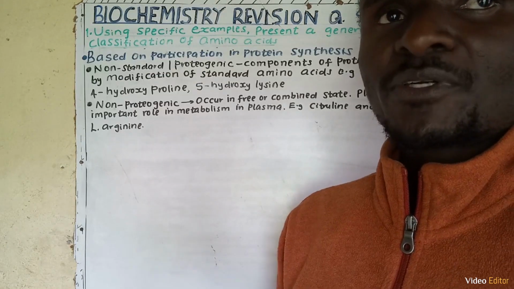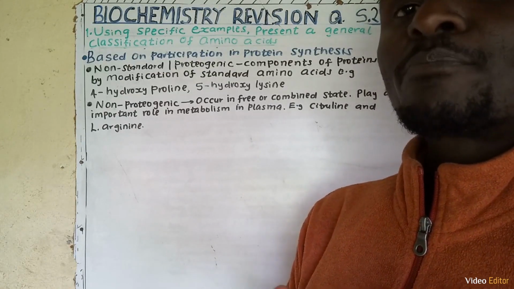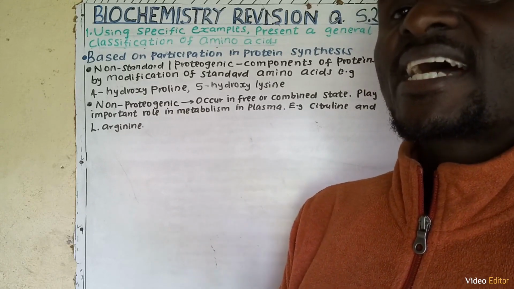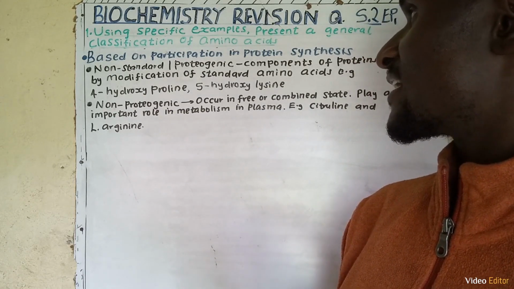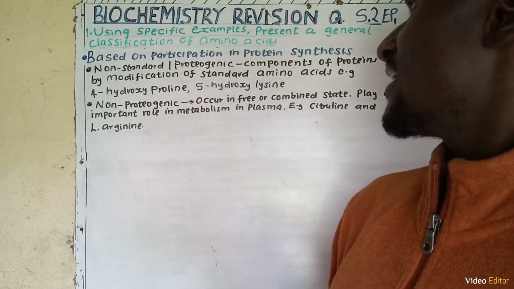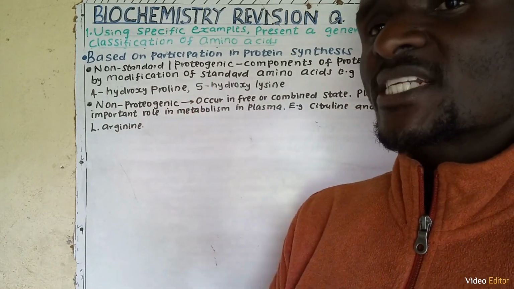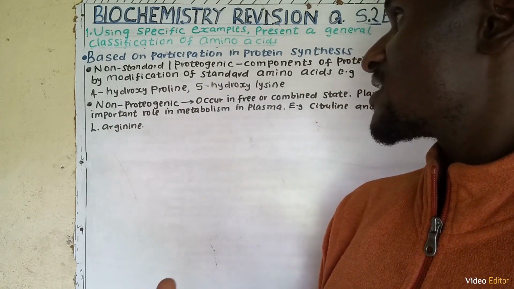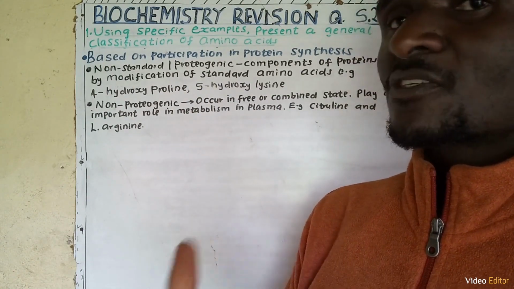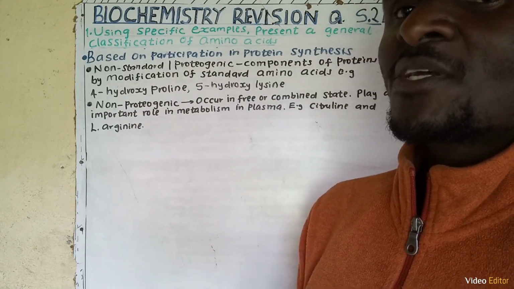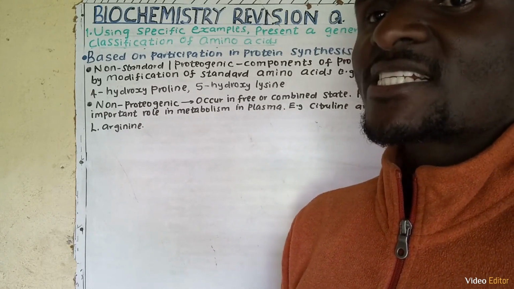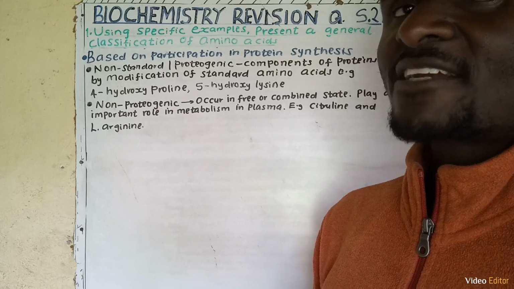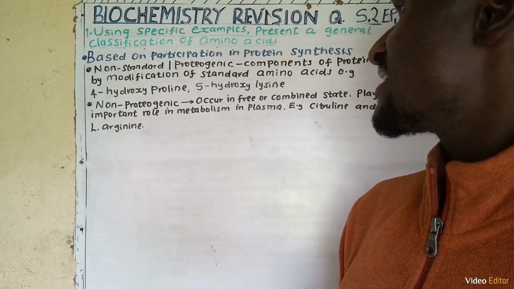On the participation in protein synthesis, we shall have proteogenic and non-proteogenic. From the word proteogenic, it means that they are used to synthesize proteins, to make proteins. These are formed by modification of standard amino acids. Examples of such amino acids are 4-hydroxyproline and 5-hydroxylysine.